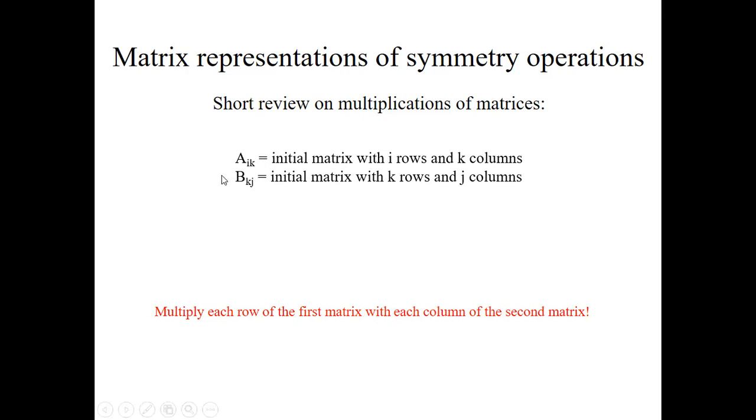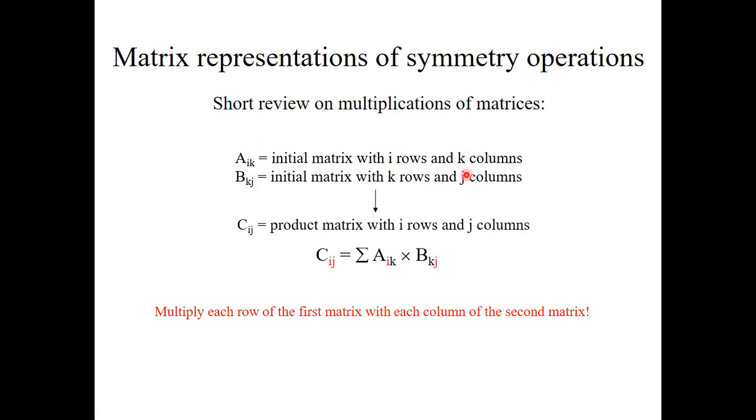So you can say that we have an initial matrix A with i rows and k columns, which we want to multiply with another initial matrix B, which has k rows and j columns.